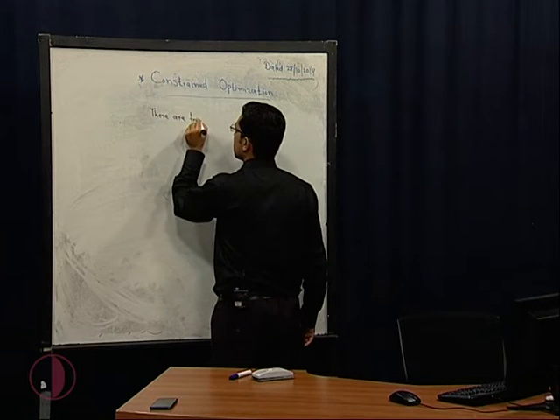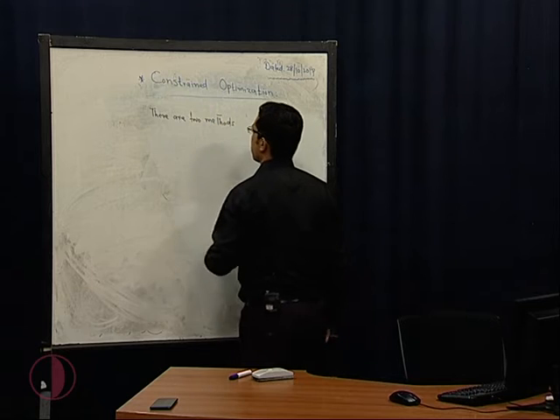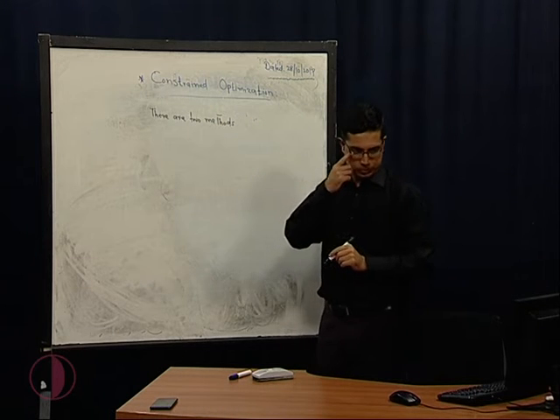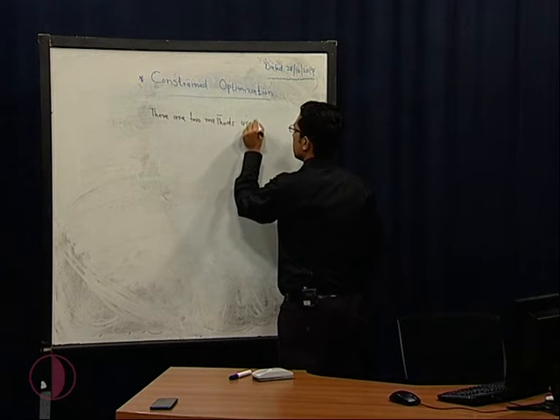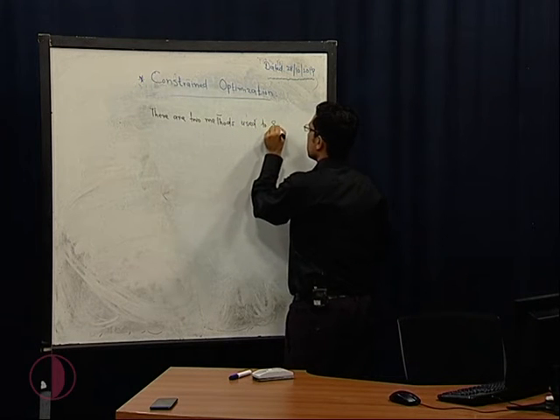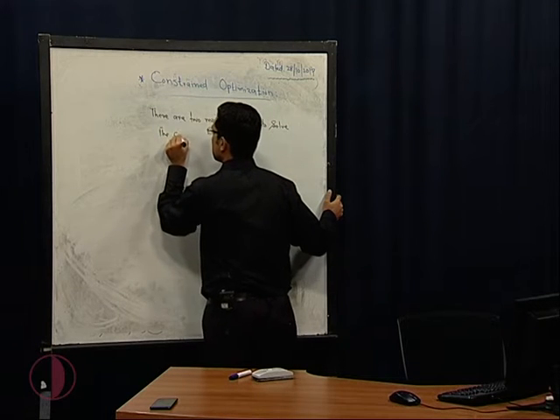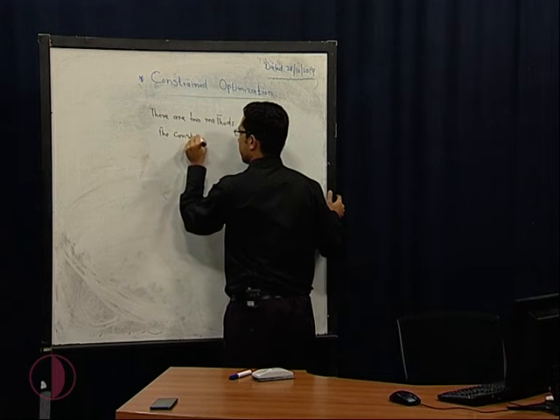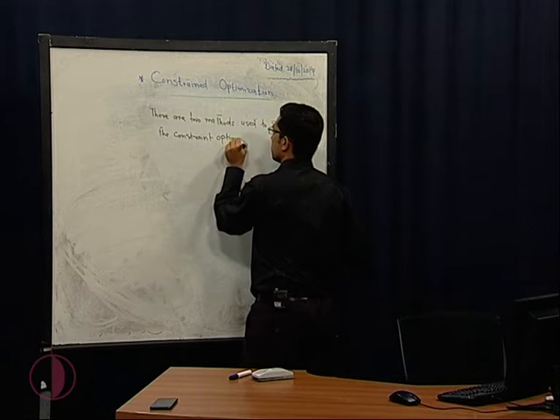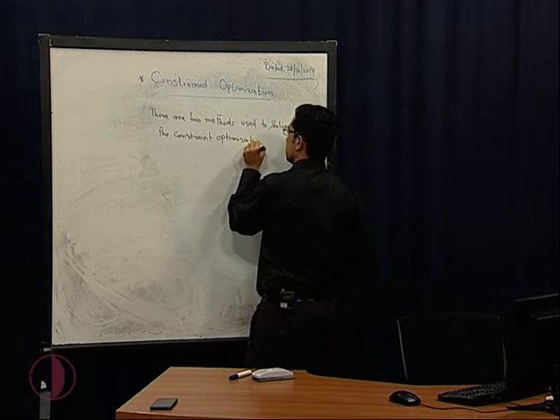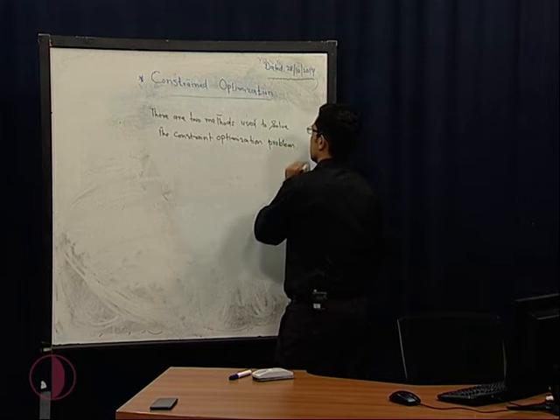There are two methods used to solve the constraint optimization problem.